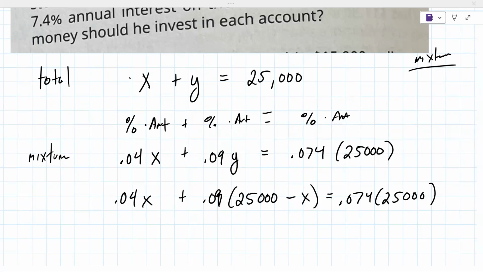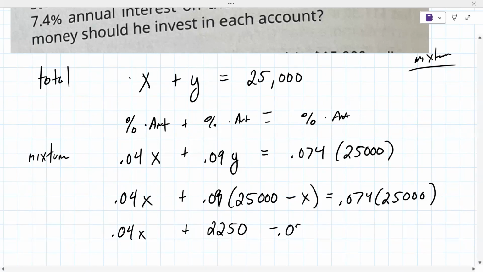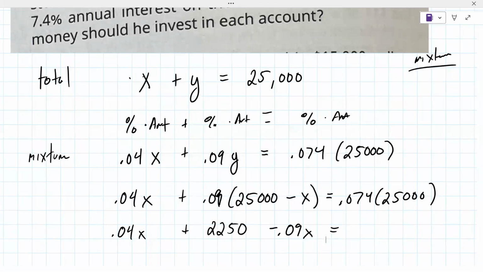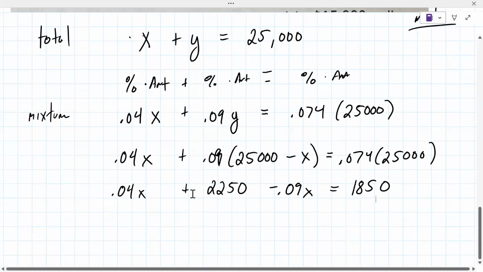I'll put some numbers on the screen here. So this is 0.04x plus 2,250 minus 0.09x equals 0.074 times 25,000. And they generally make these work out nicely, so if you see numbers that don't appear to be nice, check your calculations.